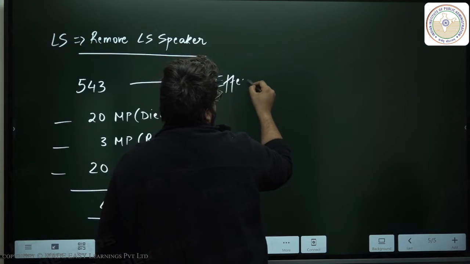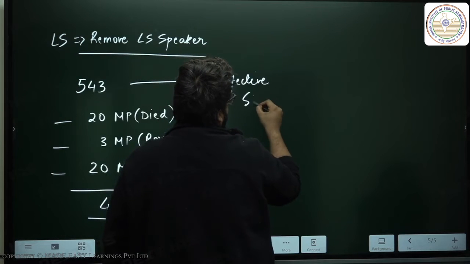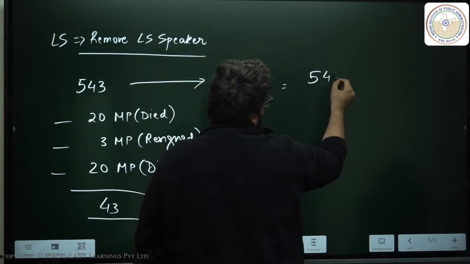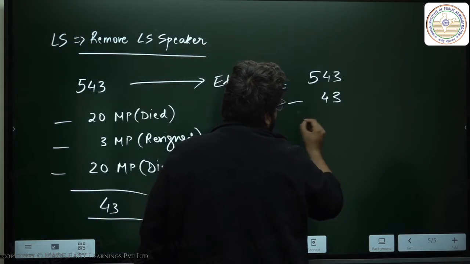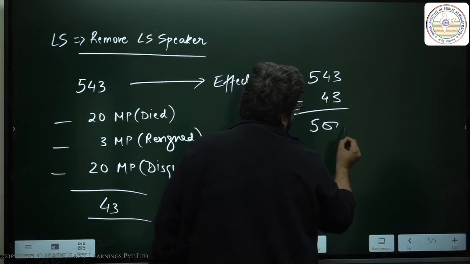Your effective strength is going to be 543 minus 43, that is 500.